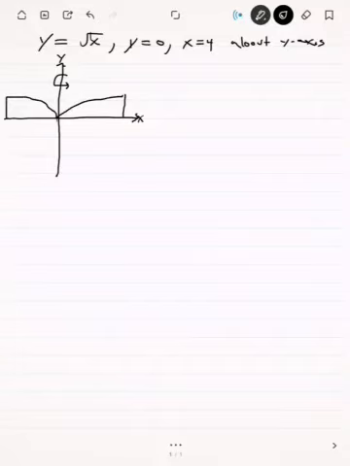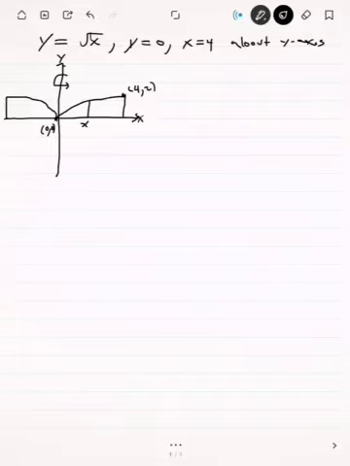Okay, we're going to use cylindrical shells. Before that, I'm going to put this point right here. This is the point (0, 0), and then this is the point (4, 2). So this is where x equals 4 intersects with the square root of x. And I'm going to measure a little distance from 0 to x.